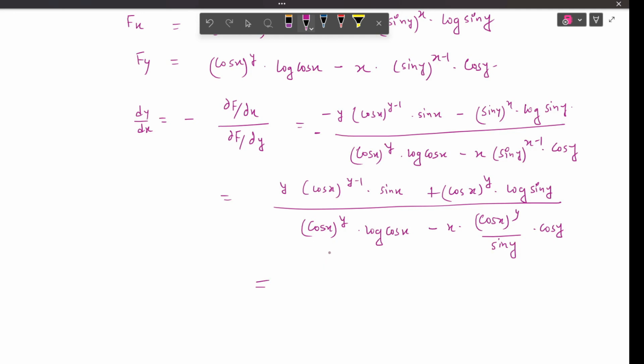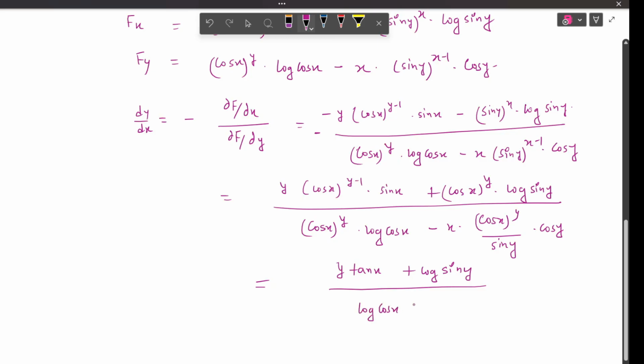If we simplify, dividing by cos x to the power y, it would be y tan of x plus log of sin of y upon log of cos of x minus x cot of y. This is the answer.